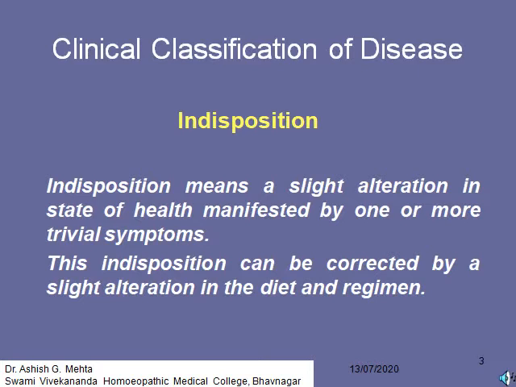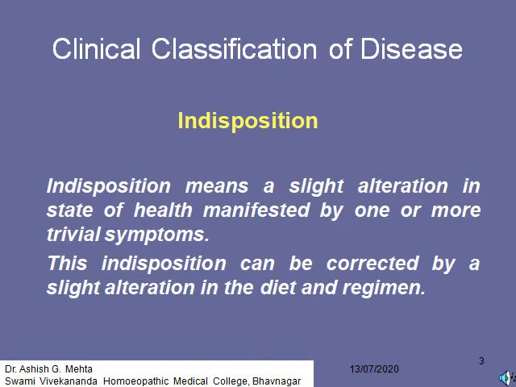This alteration in the physiology is due to any kind of overstrain or overexertion or overaction in any direction. And this indisposition can be corrected by a slight alteration in the diet and regimen.